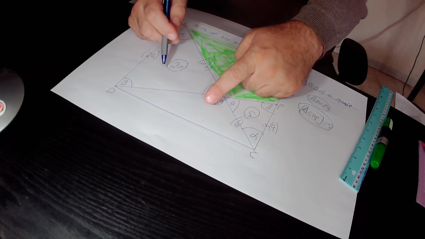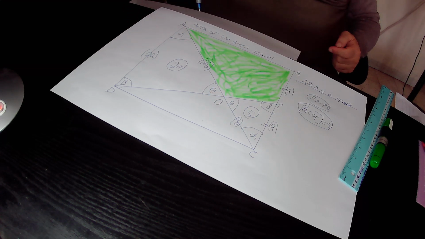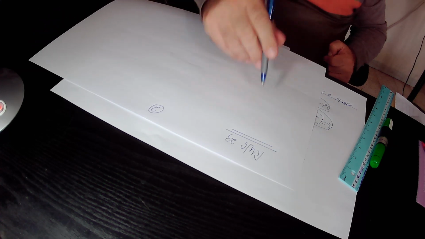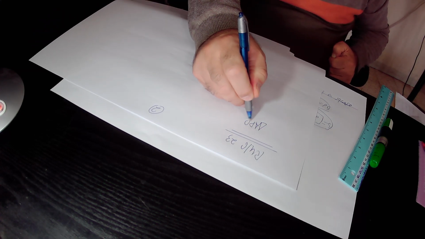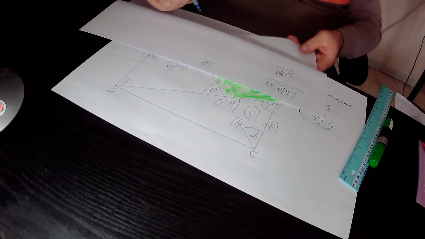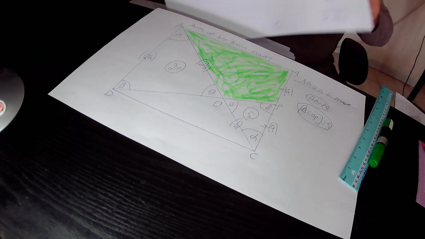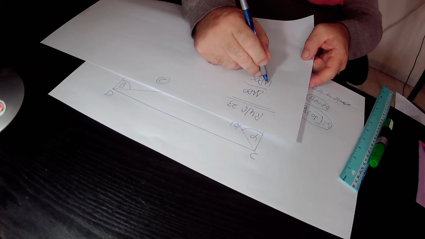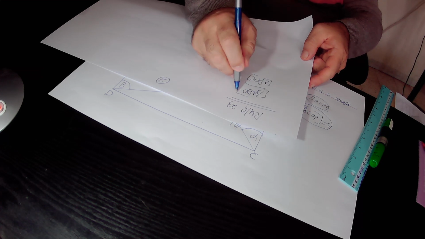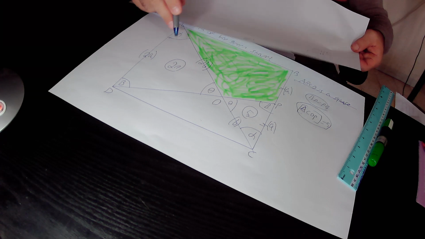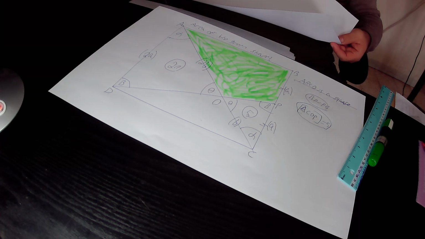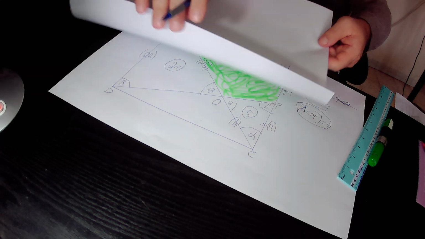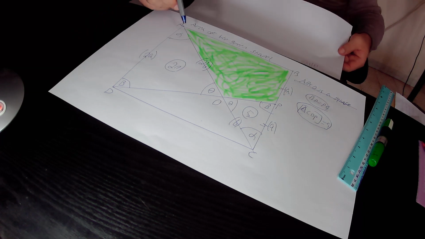The ratio between the areas of those two triangles, that is to say, the area of triangle ADO over the area of triangle DOC, is equal to the ratio between their corresponding bases.